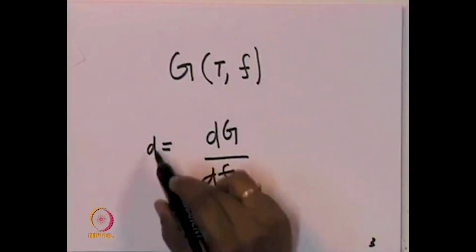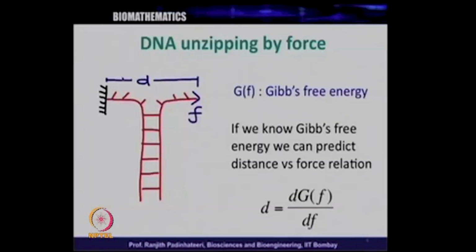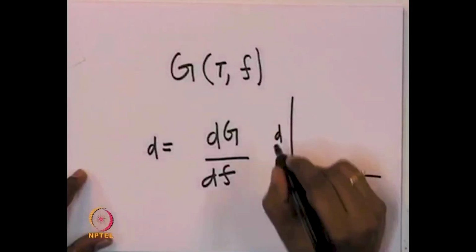Here d is the distance, as you see in this picture, and the more the force, the more the distance in this case. But using this relation, we can make a plot of force versus distance.